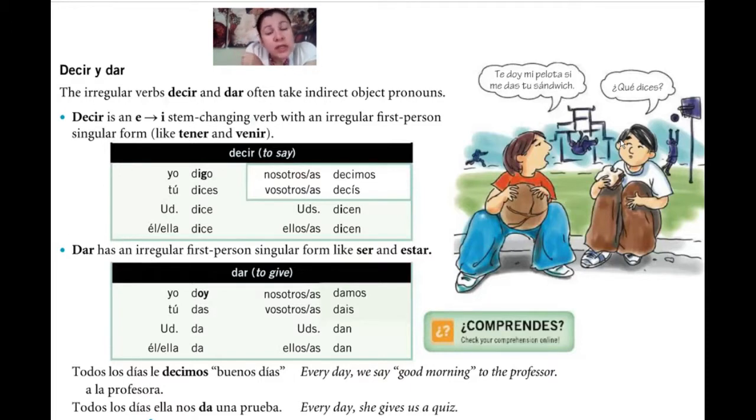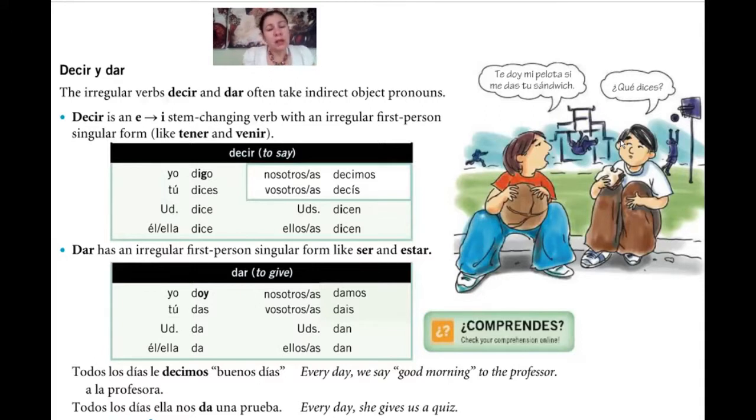But what do you give? What do you say? And to whom are you telling that? So the indirect object is needed there, and the direct object is needed there. We need the what you say and what you give, and the to whom you are saying that or giving that.